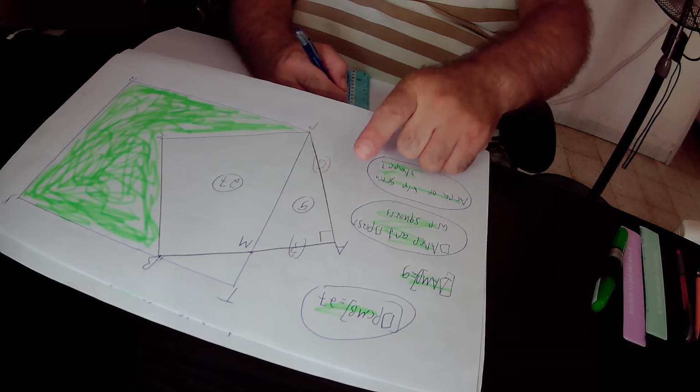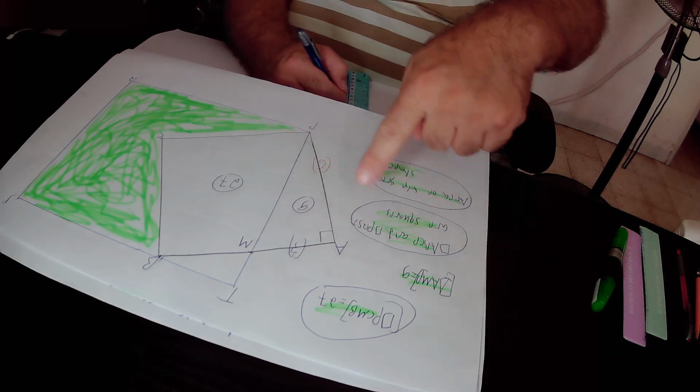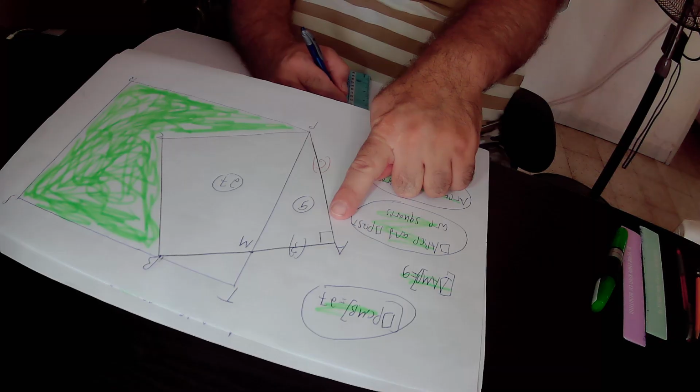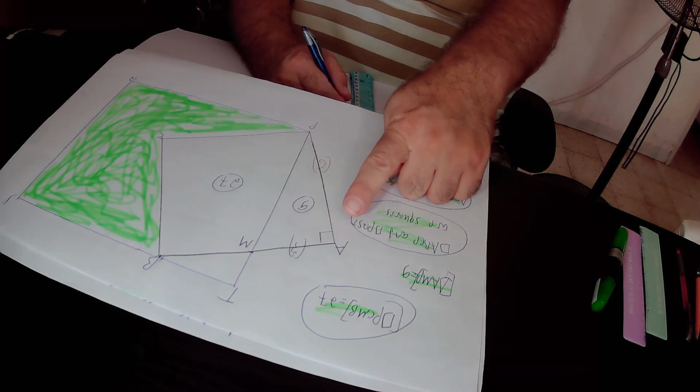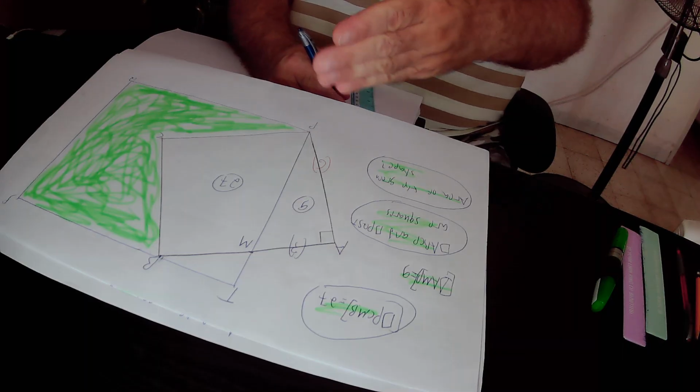I want to explain that this angle BAP is equal to 90 degrees in its size because all the angles inside the square are right angles.